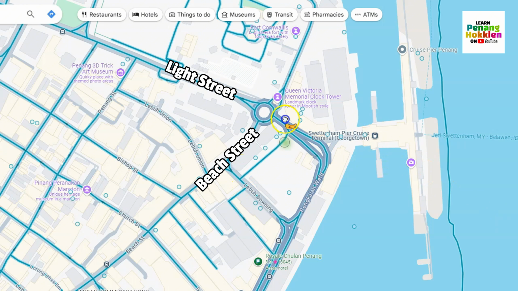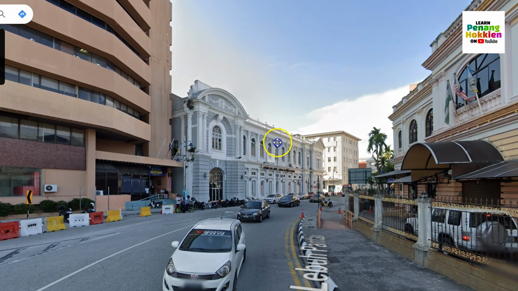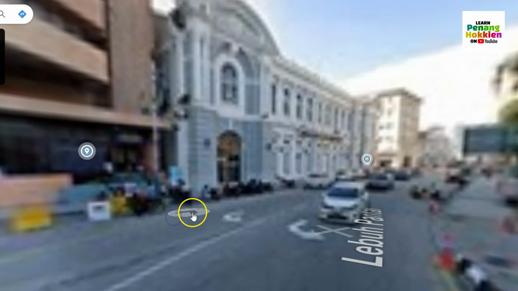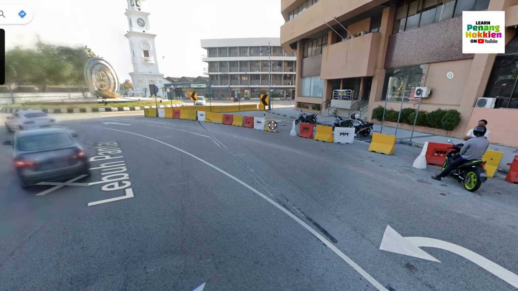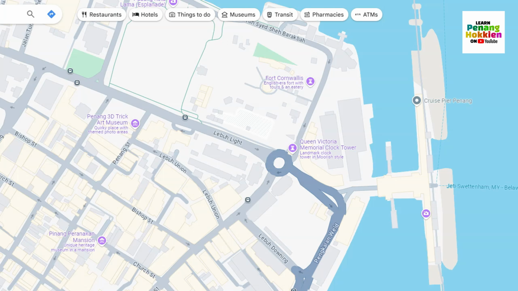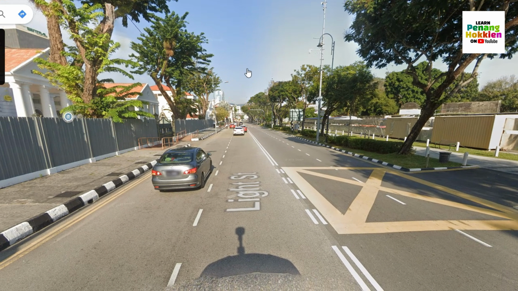To do that, I'm going to drop the Pac-Man, the Google Pac-Man here, and this is Beach Strait. Okay, this is how Beach Strait looks like. And in comparison, this is Light Strait. And what you can see immediately is that Light Strait is as straight as an arrow.